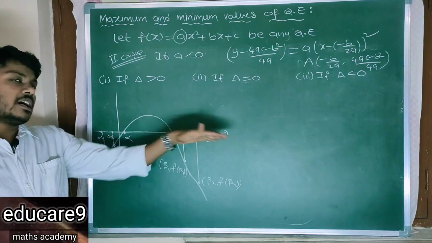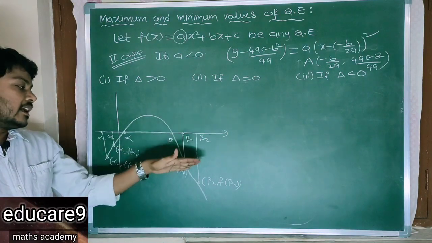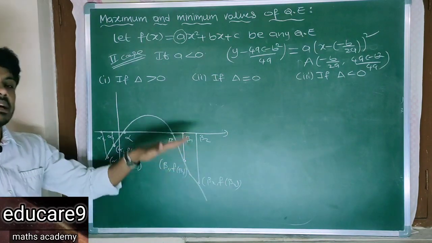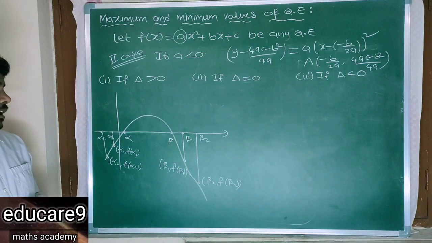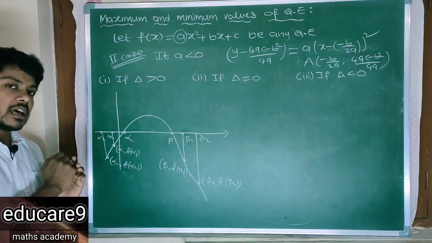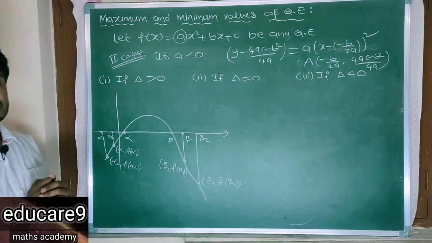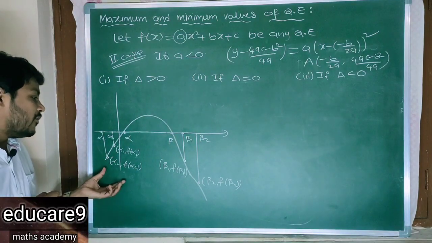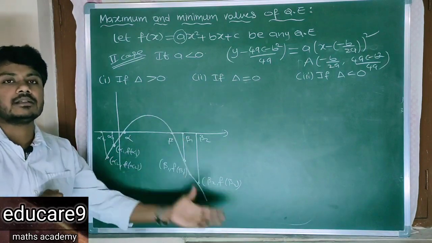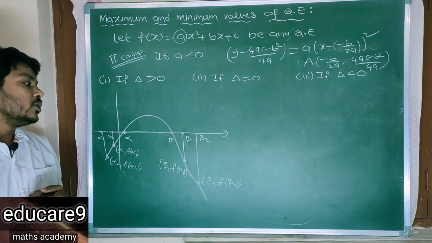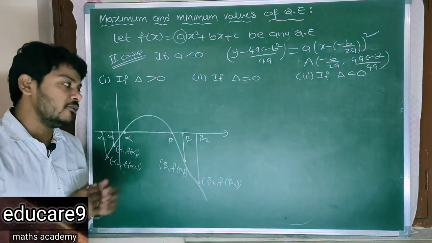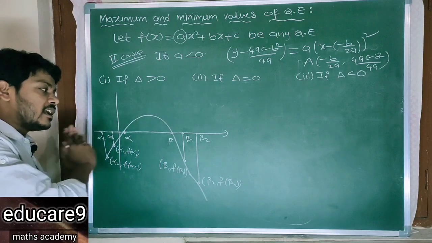If x values are increasing, then clearly f of x values are decreasing. In both cases, if x is less than alpha or x is greater than beta, in that situation f of x values are decreasing. So clearly you can't say the minimum value from x less than alpha or x greater than beta.